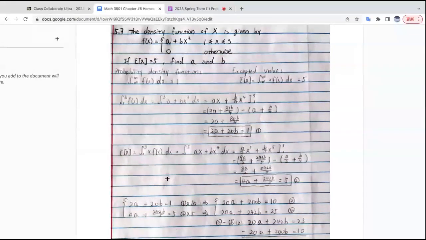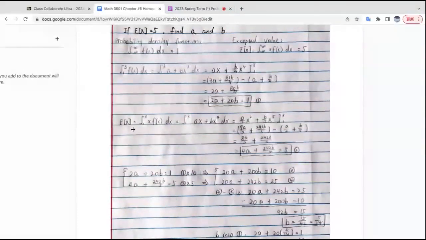That's equation 1. Equation 2 is the expected value, which is equal to the integral of x times f(x). So it's ax plus b x to the power 4, and the integral is a over 2 times x to the power 2 plus b over 5 times x to the power 5.